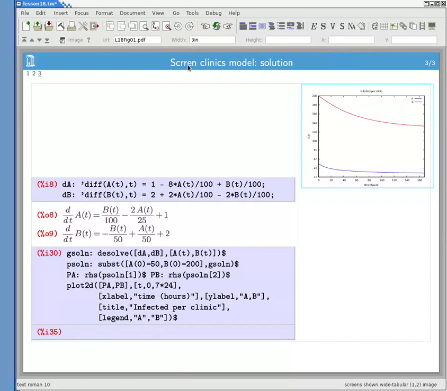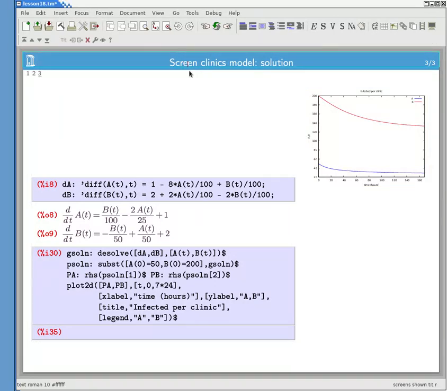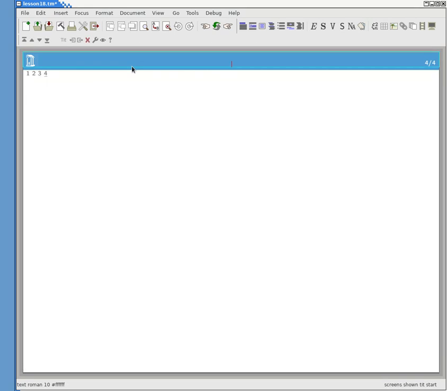Before moving on, let's get rid of a few spelling errors here, and then go on to our next model, our next motivating example. So motivating example 2 is now going to be the susceptible, infected, recovered model.